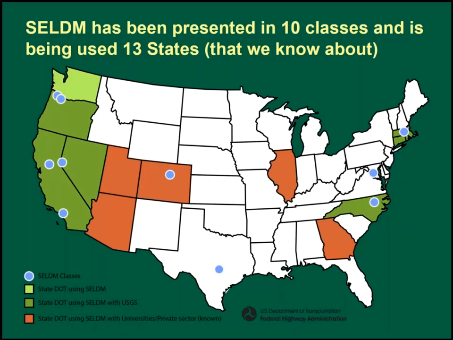The states using SELDM on their own are light green. That's Washington State DOT. A number of states are using SELDM in conjunction with USGS studies, and then there are several states using SELDM with universities or the private sector. And there may be many more states where SELDM is being used. It's just that people haven't contacted me, so I don't quite know about it.